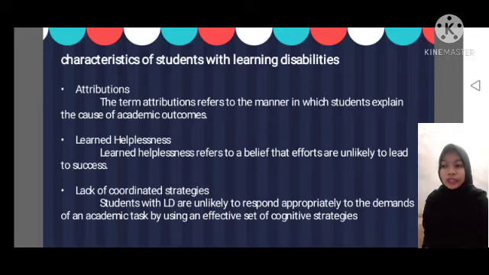lack of coordinated strategies. Students with LD are unlikely to respond appropriately to the demands of an academic task by using an effective set of cognitive strategies. For example, they will spend less time studying and will not realize that it is necessary to slow down for difficult sections.